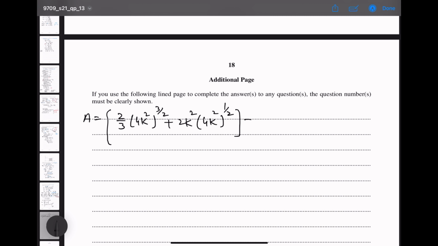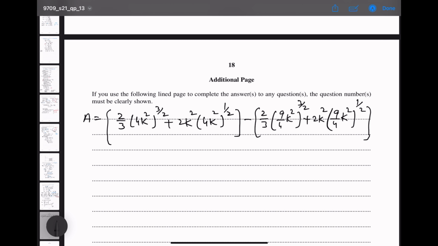Minus the lower limit, that is 2 over 3 times 9 over 4 k square power 3 over 2, plus 2k square times 9 over 4 k square, the power is 1 over 2.